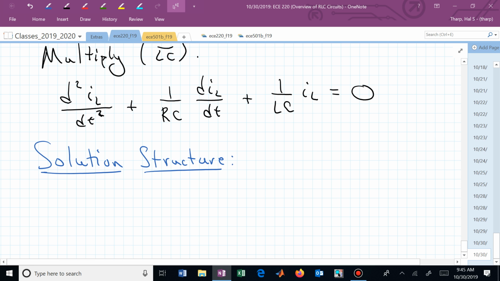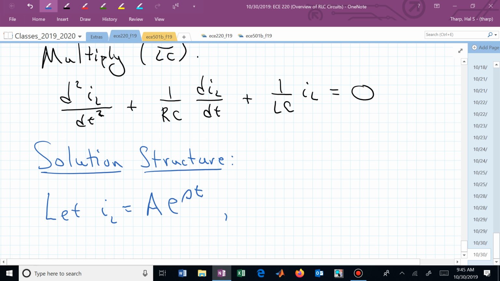So now let's just go ahead and assume, or let, I sub L of t be A e to the st. Let's just assume that structure, and we now need to figure out eventually what these variables are.